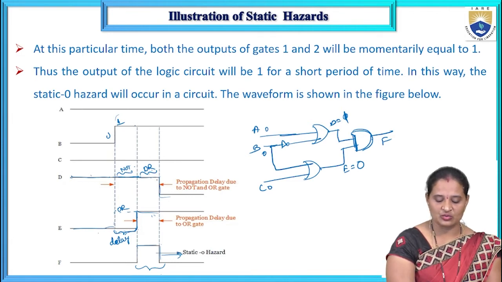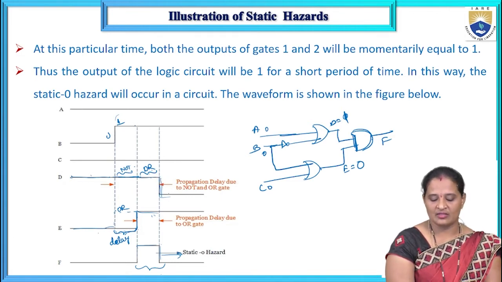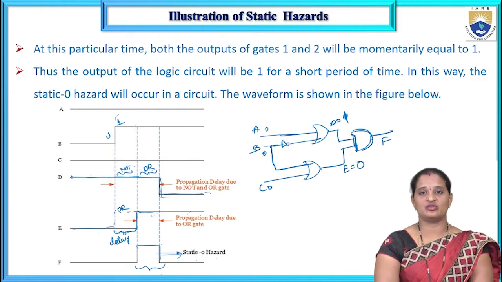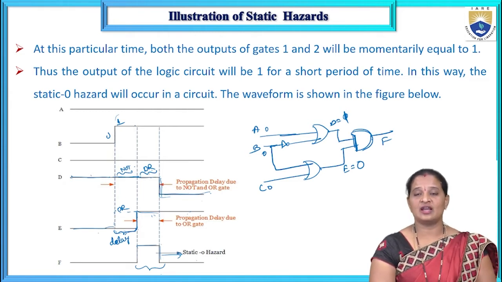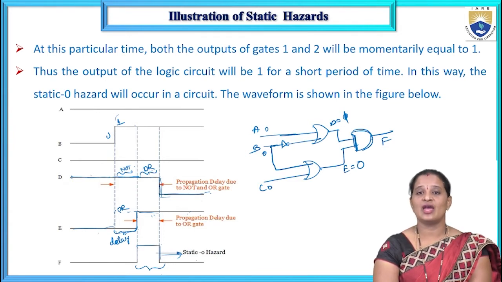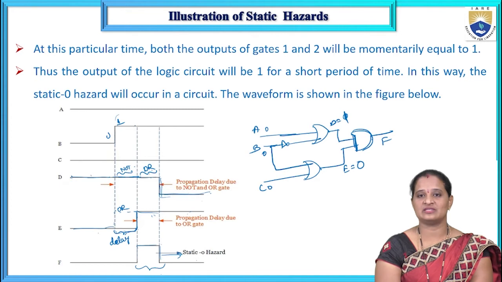After these two delays, the D output changes from 1 to 0. Now E output is 1 and this one is 0, so 1 AND 0 is 0. This is the explanation of the hazard with respect to the waveform. That is how we can detect whether a hazard is present or not, and if it is present, what kind of hazard it is.